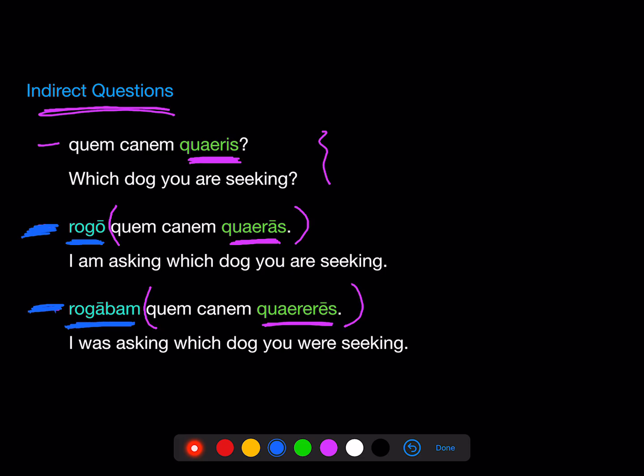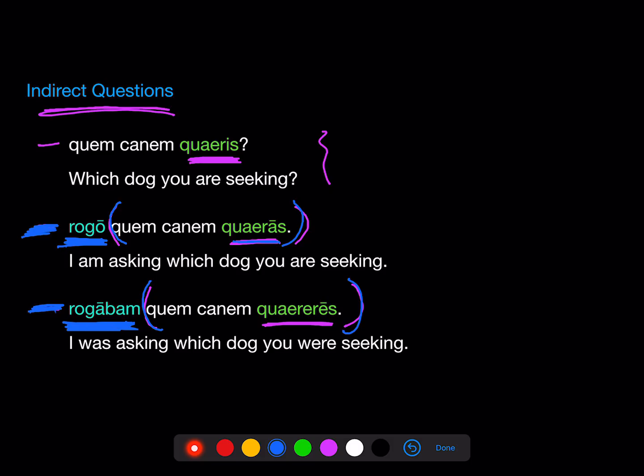Here, the imperfect. So, if your subordinate clause expresses the same time as the main clause, if the main clause is in a present or future time, you're going to use the present subjunctive.